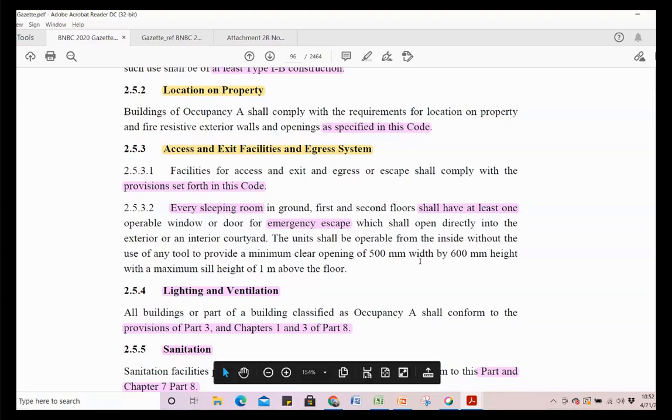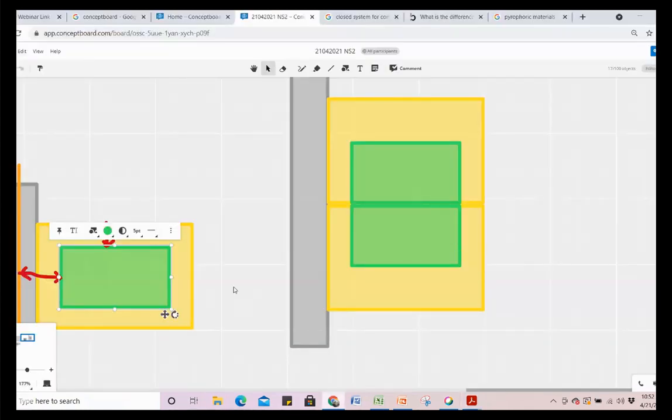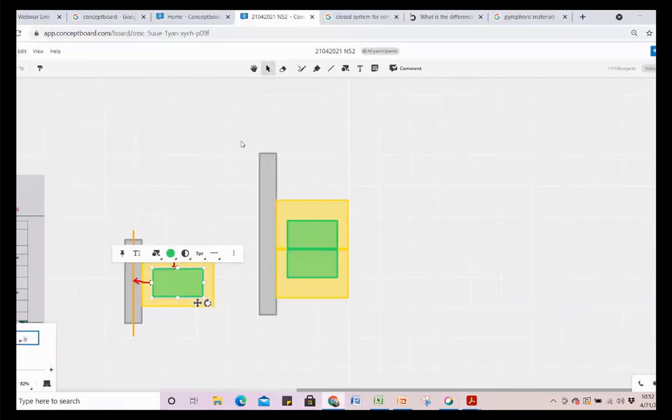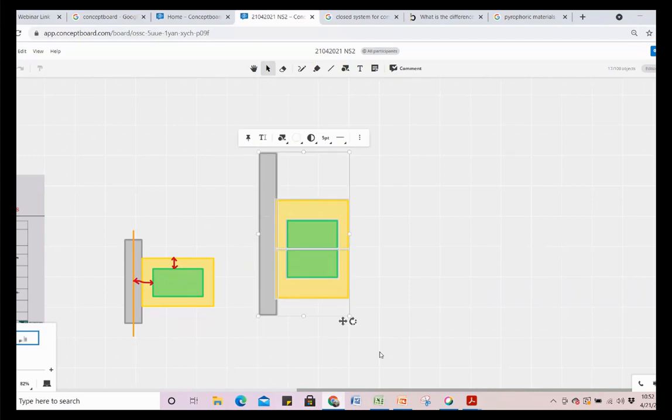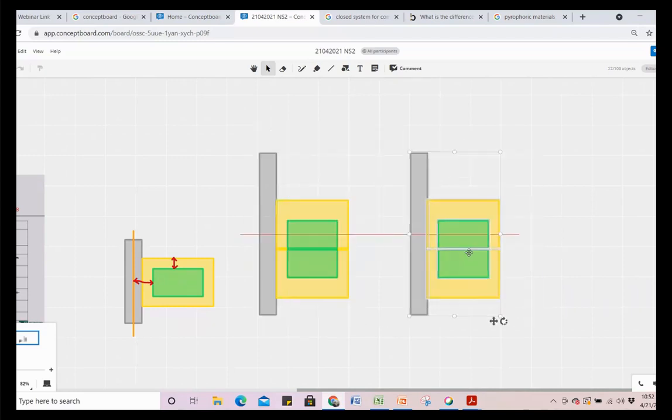I think I can at least clarify certain issues on this part. Say for example, if a site is permitted for only detached occupancies, then things will be like that. So the location of building will vary, but if the same site is permitted for semi-detached occupancies, it will be like this.